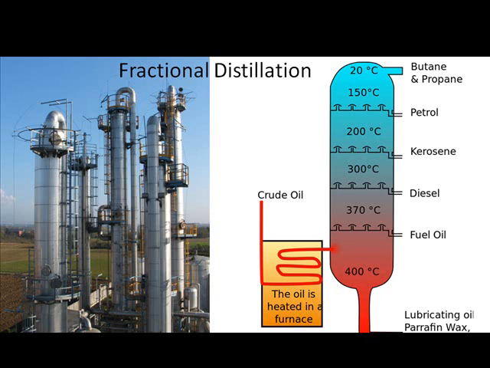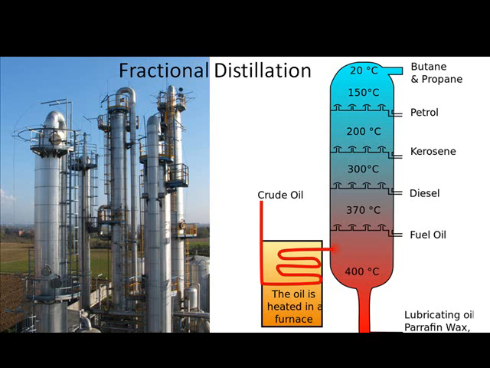Now, we don't want to put lubricating oil in our gasoline engine. It would ruin the engine. Instead, we want to put in pure diesel or gasoline. That means we have to separate that liquid gasoline or that liquid diesel from all the others. To do that, the process is called fractional distillation.